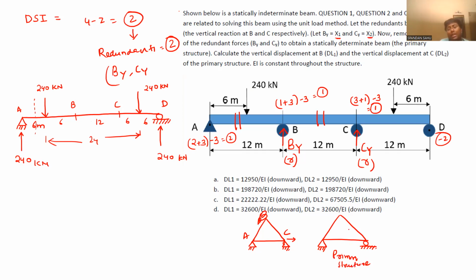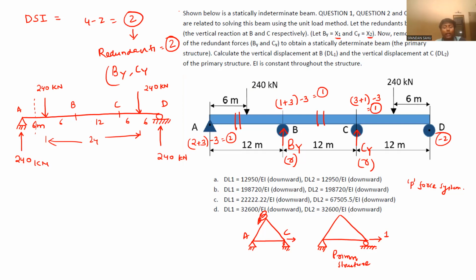Now, if this is your primary structure, there will be some external loads also. I am not showing them. Under that external load, what you will get? P4 system. Yes, sir. And now, after releasing that CX, you apply 1 unit load here, because you don't know the value of CX.